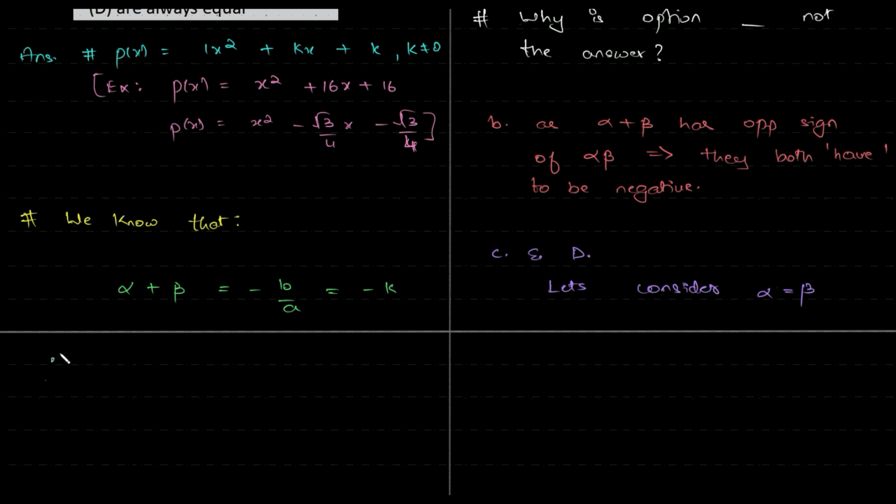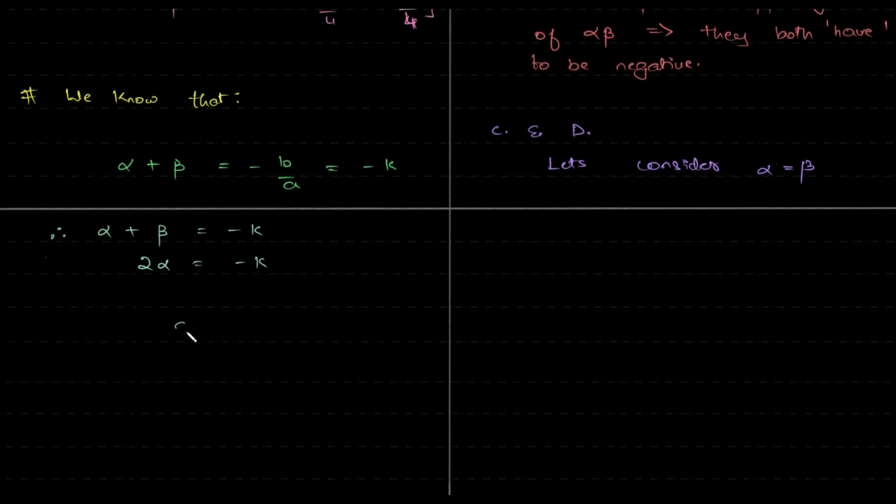Therefore, we have alpha plus beta, which is equal to minus k, will become 2 alpha is equal to minus k, right? And we have alpha into beta, which is equal to plus k, so alpha square is equal to k.